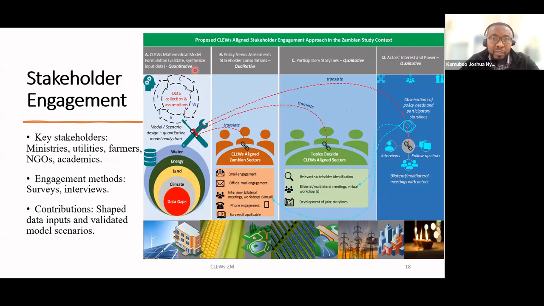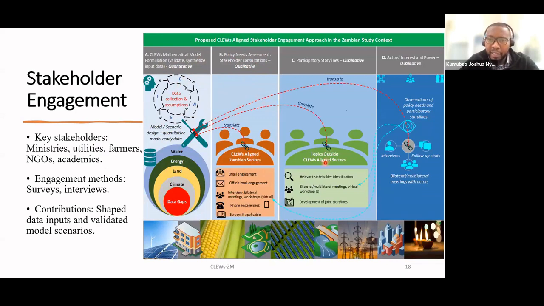This is pretty much a quantitative representation, but then again, we're trying to translate the qualitative aspects to see how that can relate to the model itself. So we've got a policy needs assessment through stakeholder consultations, where you've got CLEWs-aligned Zambian sectors. That is those sectors that are directly linked to the CLEWs system.